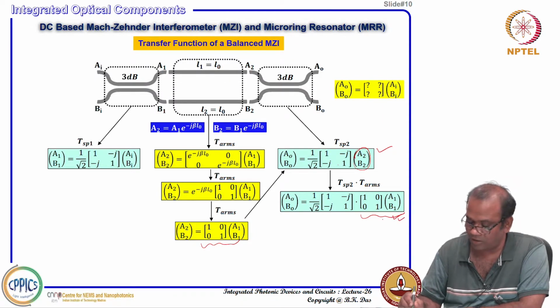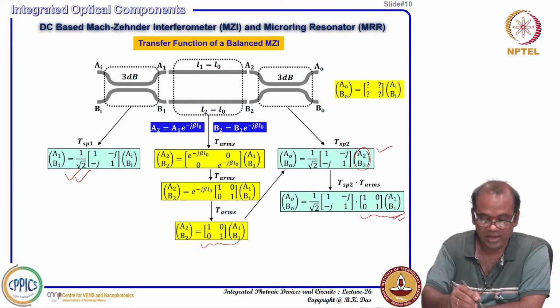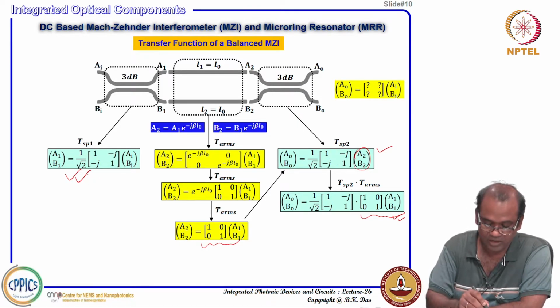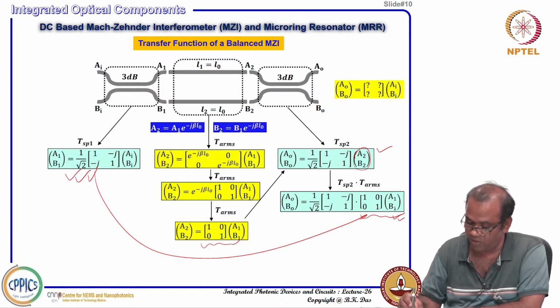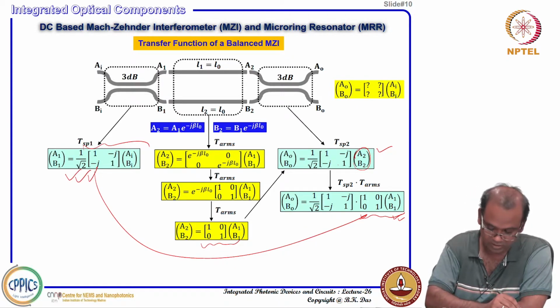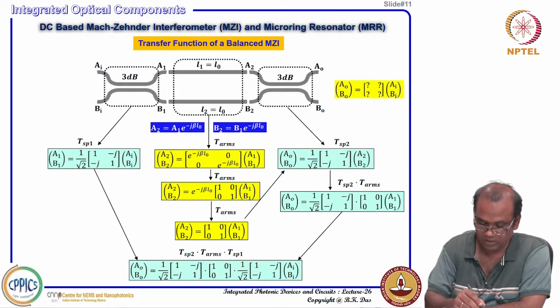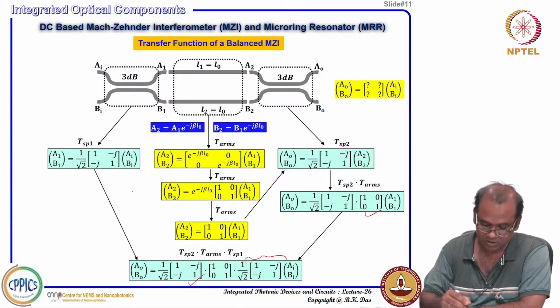However, A1, B1 we can also relate with AI and BI using this. So, if I bring this here, instead of A1, B1 I write this one, then we get this expression.